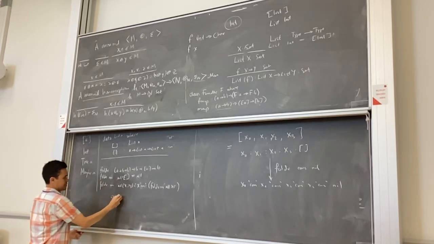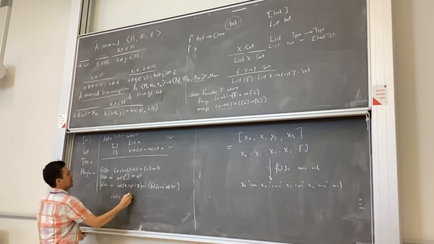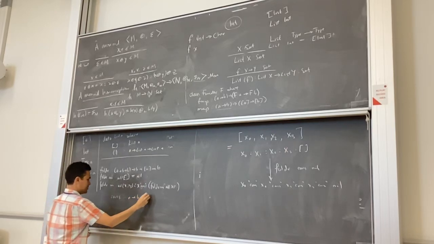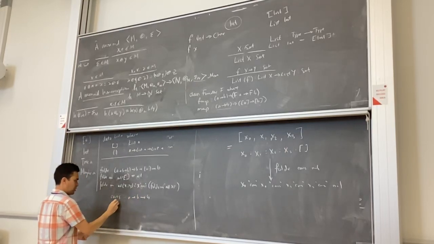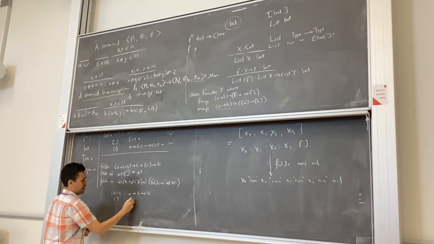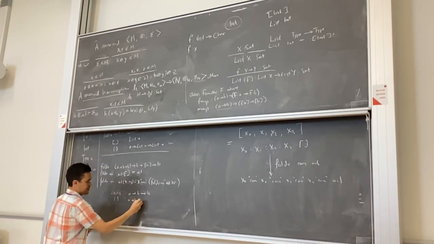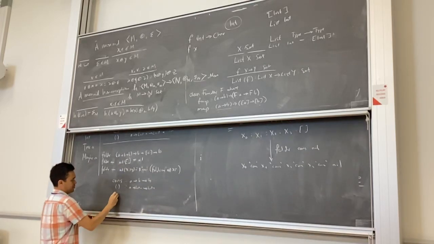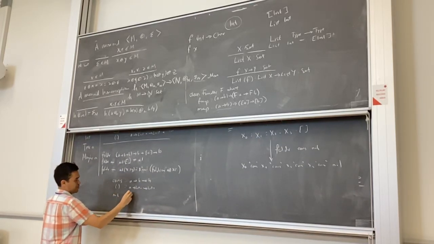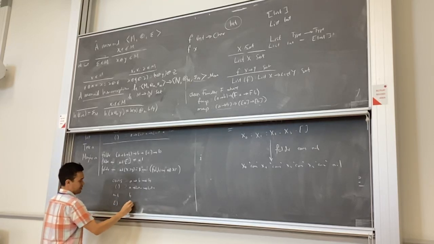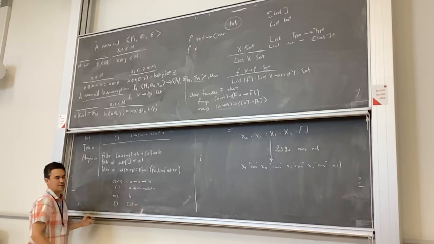Little cons has type, the first parameter is this type, A to B to B. Cons, the constructor for this, has type A to list A to list A. Nil has type B. Nil has type list A.